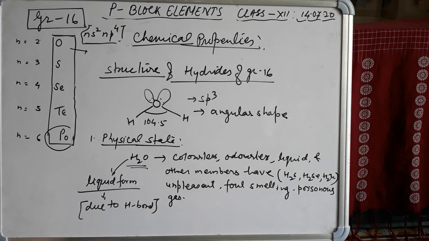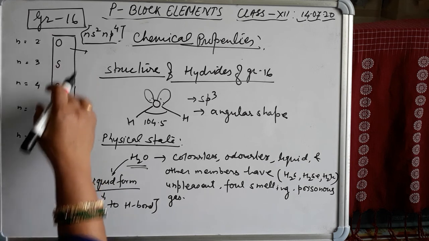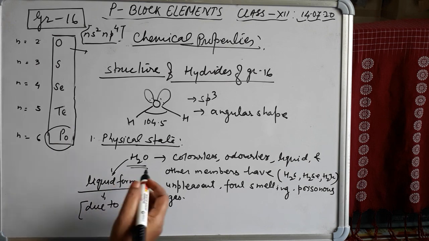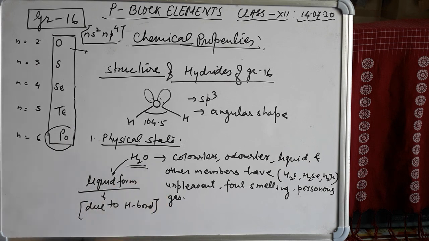One question: the hydride of oxygen exists at room temperature in liquid form, whereas the hydride of sulfur exists in gaseous form. What is the reason behind it? Students, you can explain this on the basis of hydrogen bonding. Water molecules have H bonding, so they exist in liquid form at room temperature.